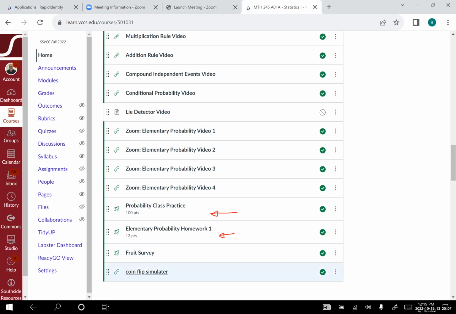And we already did the fruit survey and the coin flips simulator, which was just a little classroom discussion about how some data is from random events like flipping coins, and other data is not random. Asking people, or people choosing careers, or deciding what kind of fruit they like. Those are not random events. We have preferences, and that's great.